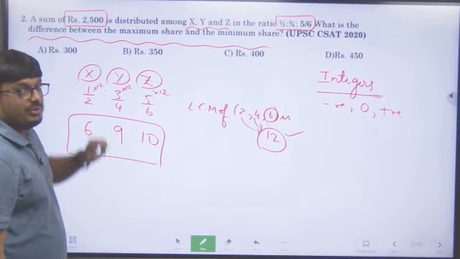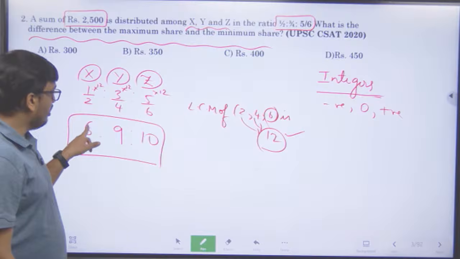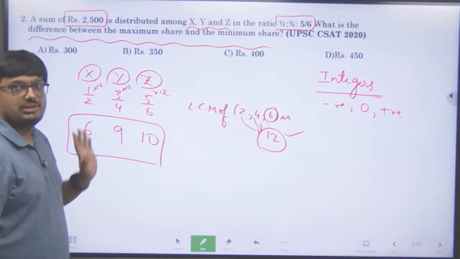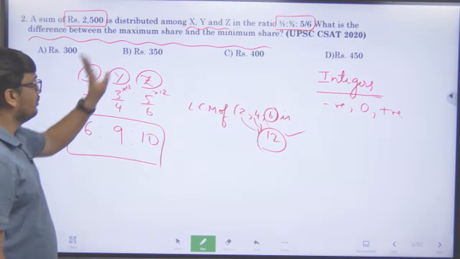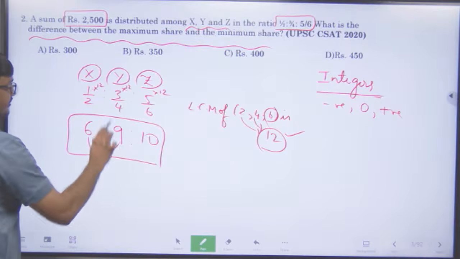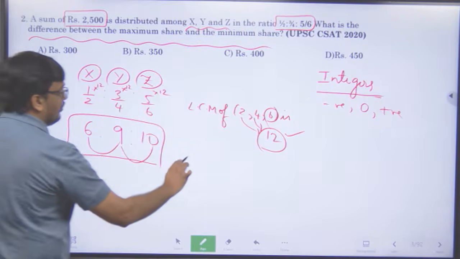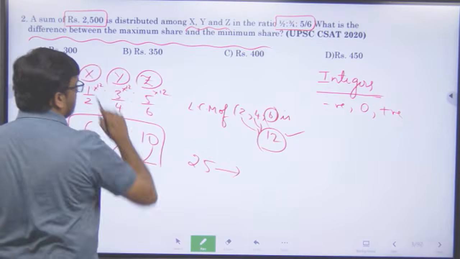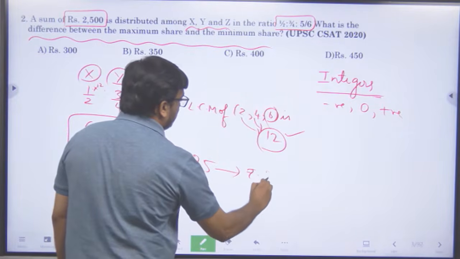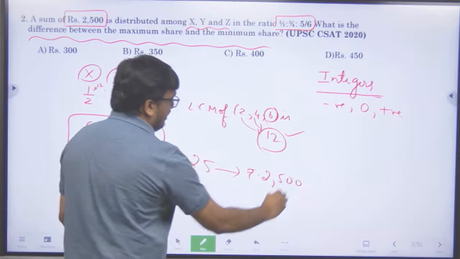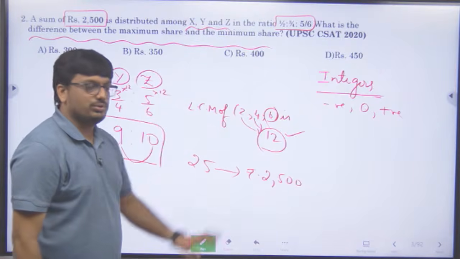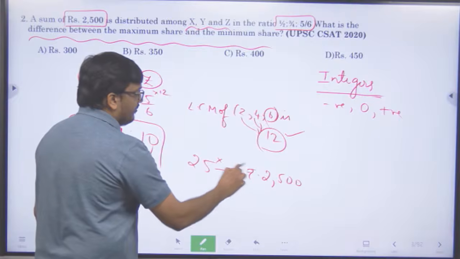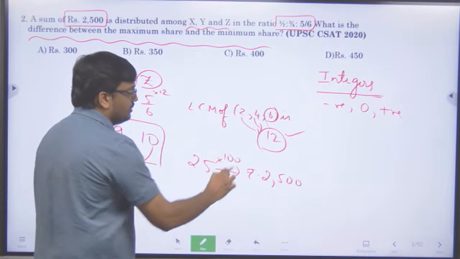A sum of rupees 2500 means all these three persons together have 2500. 6 plus 9 is 15, 15 plus 10 is 25. 25 parts is nothing but this total amount, that is 2500. One part means 25 ones are 25 followed by two zeros.